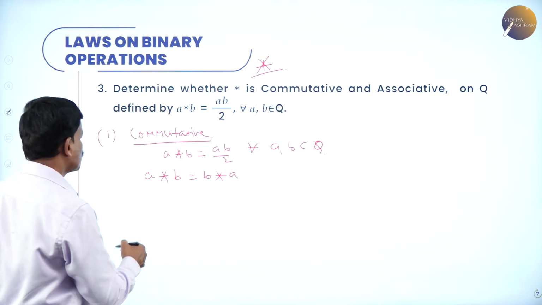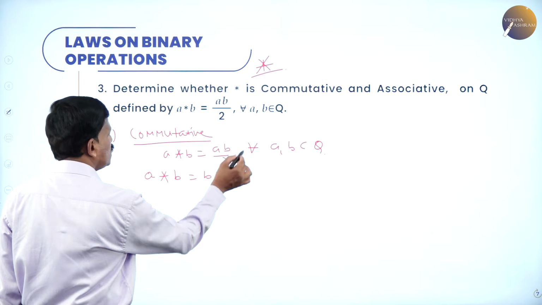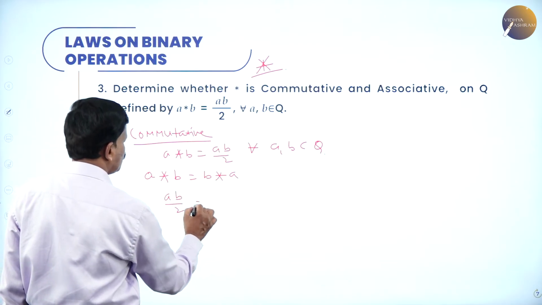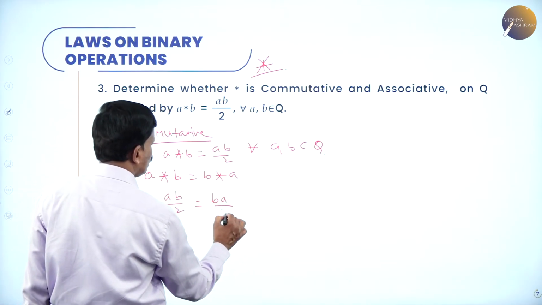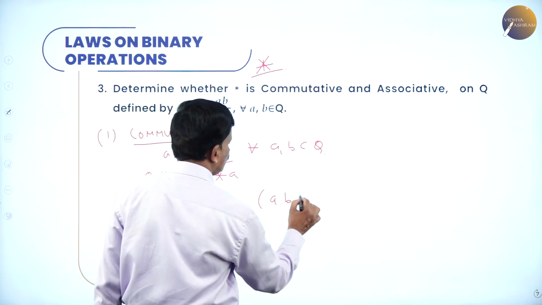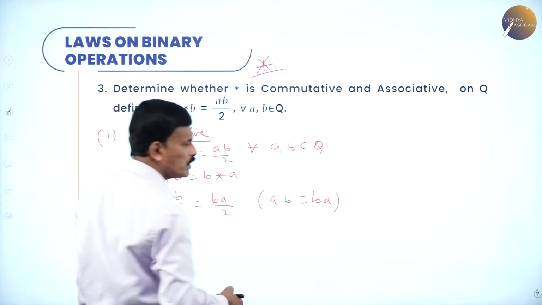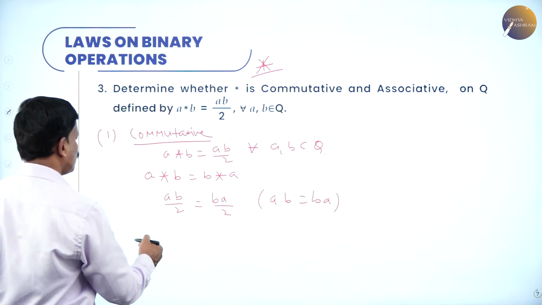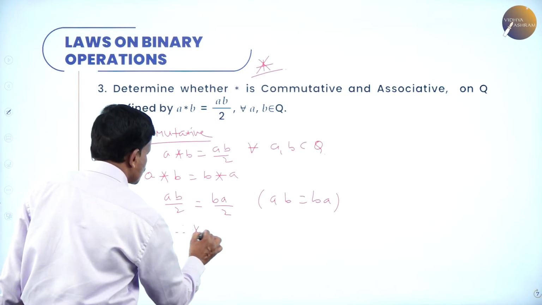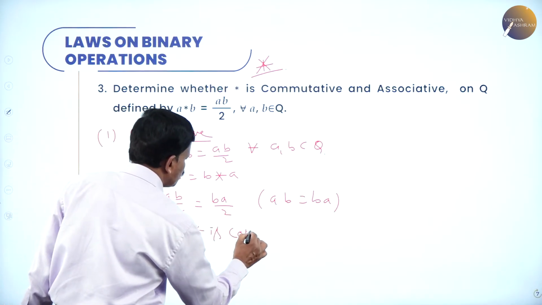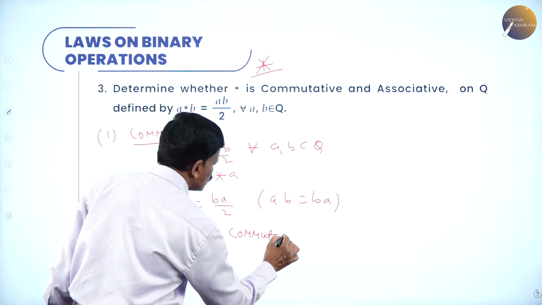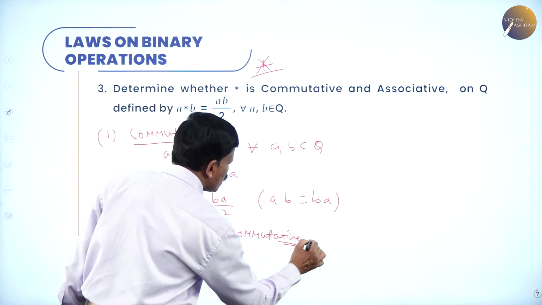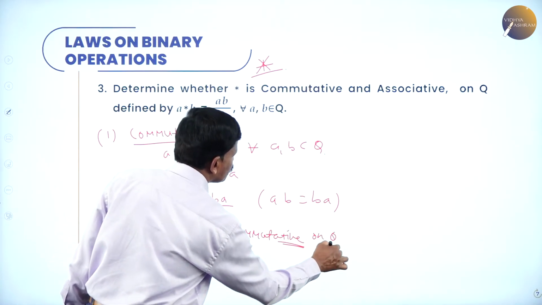A star B is equal to B star A. What is A star B? A star B is equal to AB by 2. B star A is BA divided by 2. Since you know AB is equal to BA, multiplication is commutative. So, therefore, star is commutative. Star is commutative on Q.